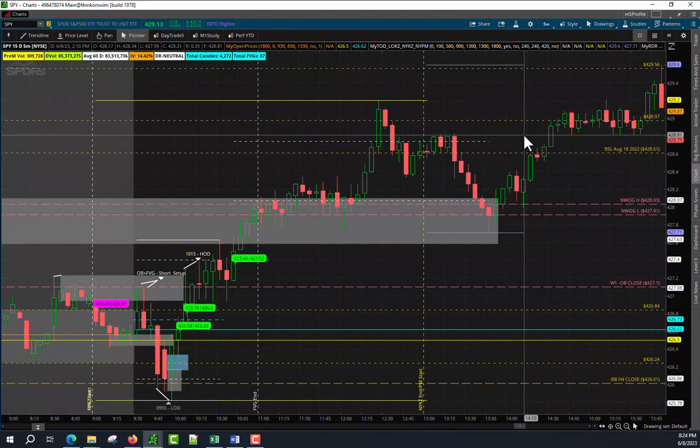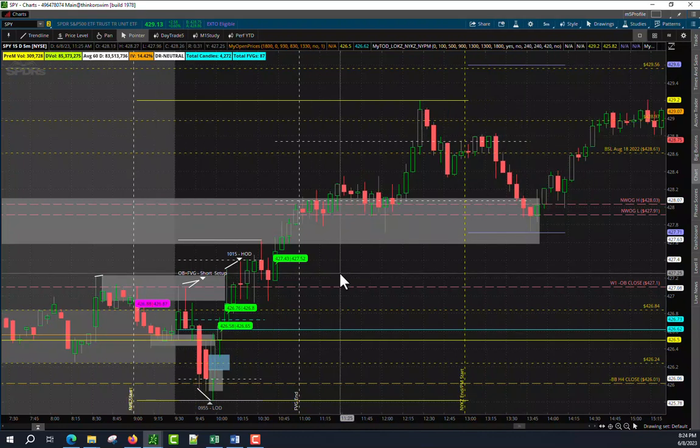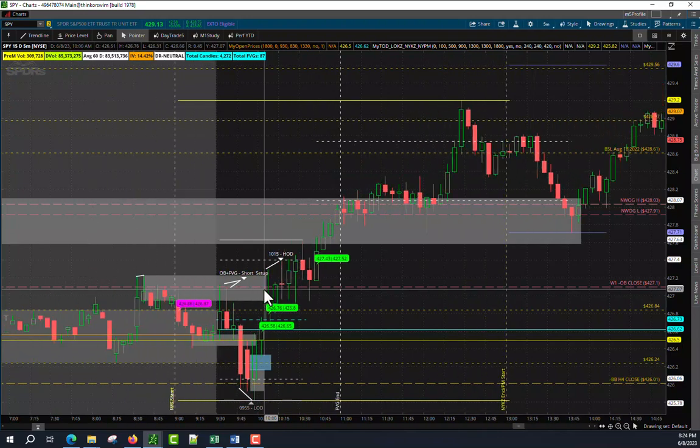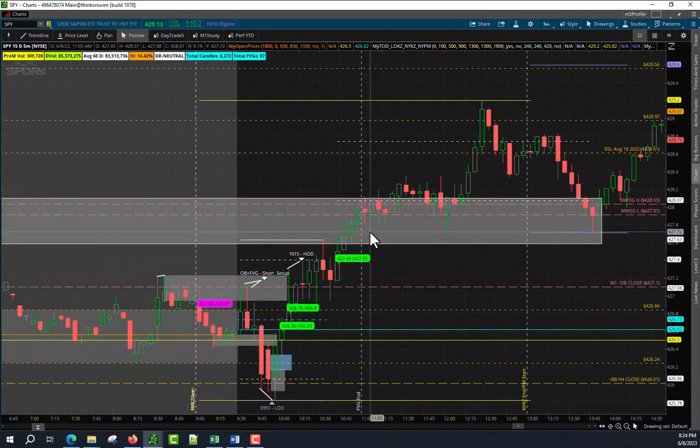So for the DR model, it did not violate. Basically, the DR model is working for today, so it did not violate the low of the day. You only go up.